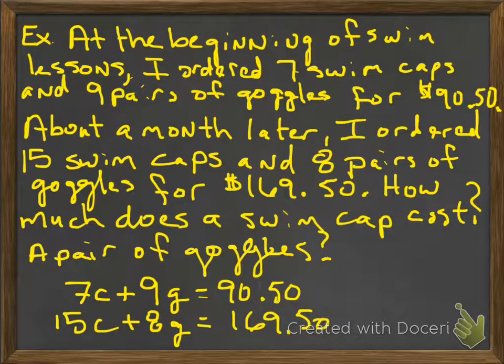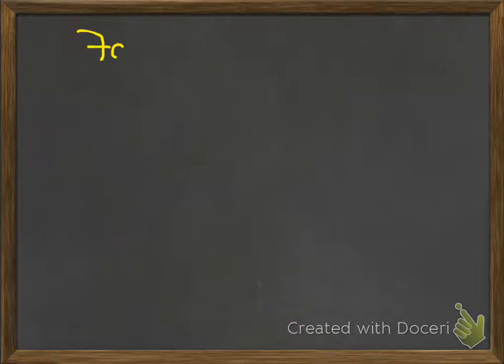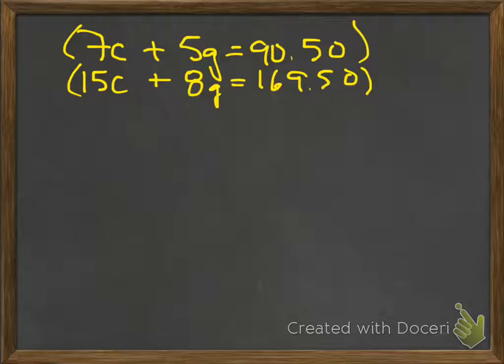From here, I'll show you the setup for this one. This would be elimination, and what I would have to do is do a switch. I decide which variable I want to get rid of. Honestly, I don't remember. Let's find out. Oh, it looks like I decided to get rid of the g's. Because they're both positive, I had to make one of them negative, so I did that.